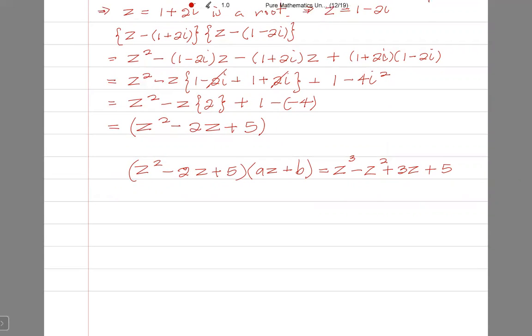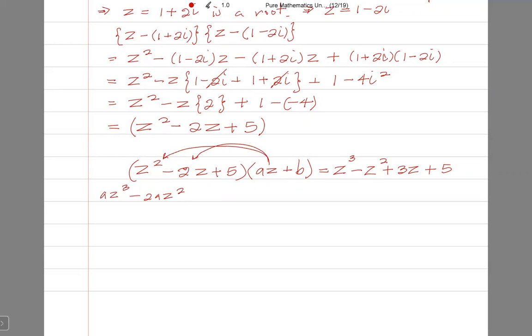Sir, multiply. Let's multiply. This time this will give me what? A Z cube. I'm multiplying this by that. That's what I just did. So now I'm going to go this by that. So this is minus 2AZ squared.